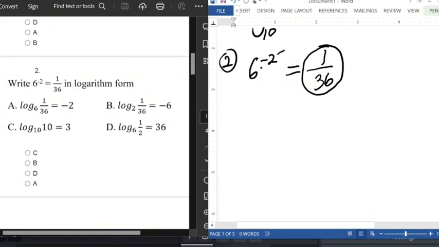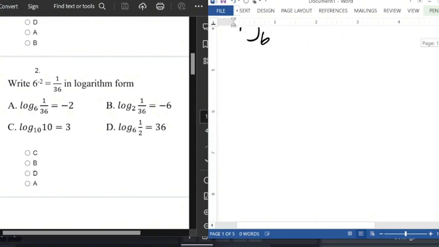So we want to write this in logarithm form. We do the same thing: log the number, which is 1 all over 36, the base, which is 6, and the answer will then be equal to minus 2. That's how we write it, and that is option A. So log 1 over 36 base 6 equals minus 2. That's option A.